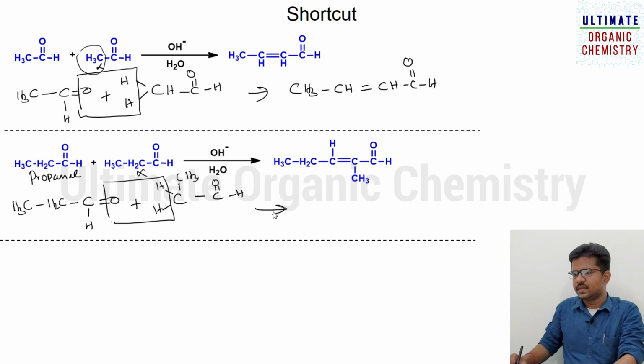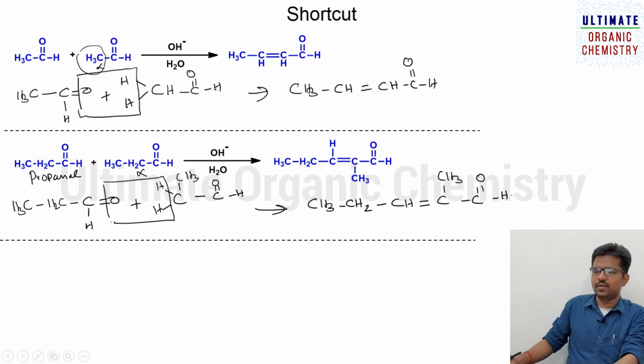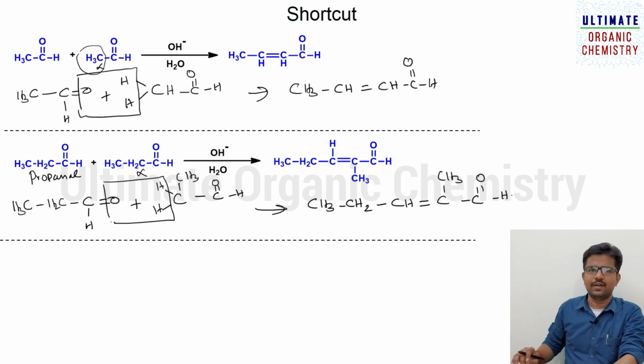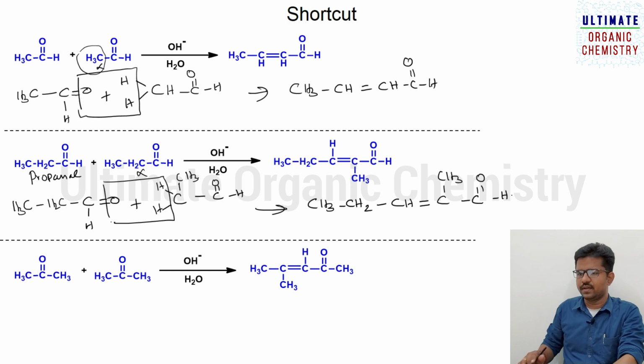So you can write CH3 single bond CH2 single bond CH double bond CH3 CHO. That's it. If you are able to give an answer like this, this is enough for NEET and JEE students. We have one more example where acetone is given as a reactant.